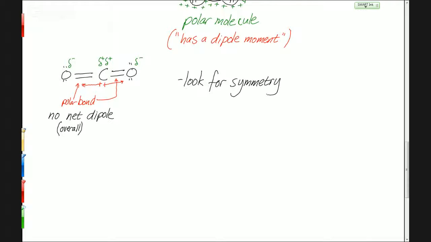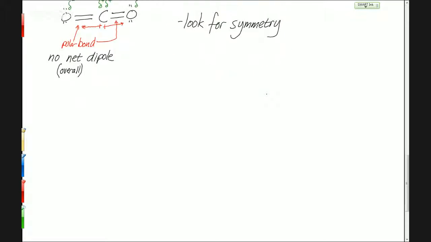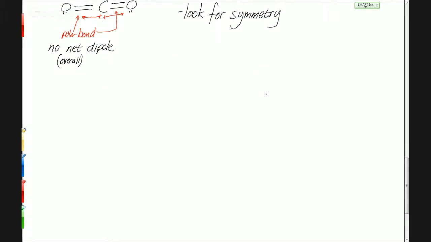That would also be true for a more triangular molecule. So let me show you a couple different examples. We're going to look at two similar molecules, SO2 and SO3. So SO2 looks like this.